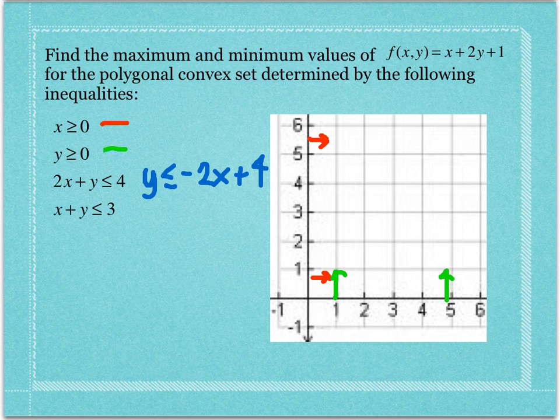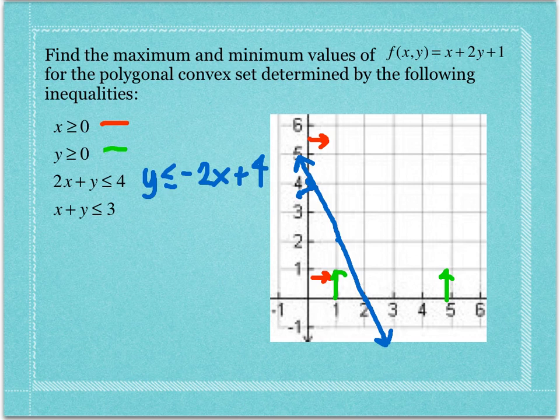I could graph that as I would a line, the y-intercept being 4 and the slope being negative 2, so I go down 2 and over 1, down 2 and over 1. That's the line that looks like this, and my shading, because of the less than symbol, would be to the left, going down like this.